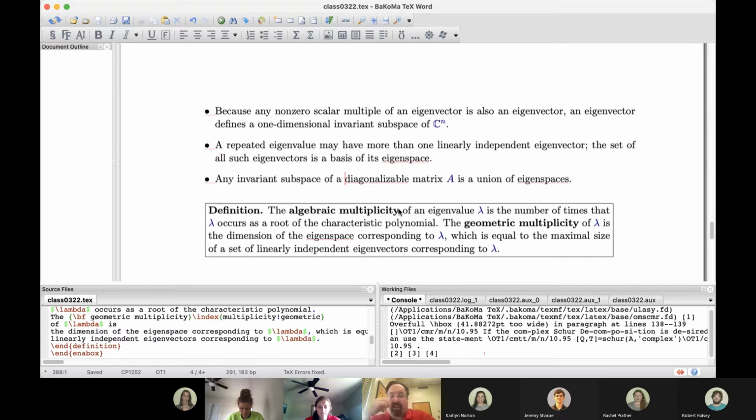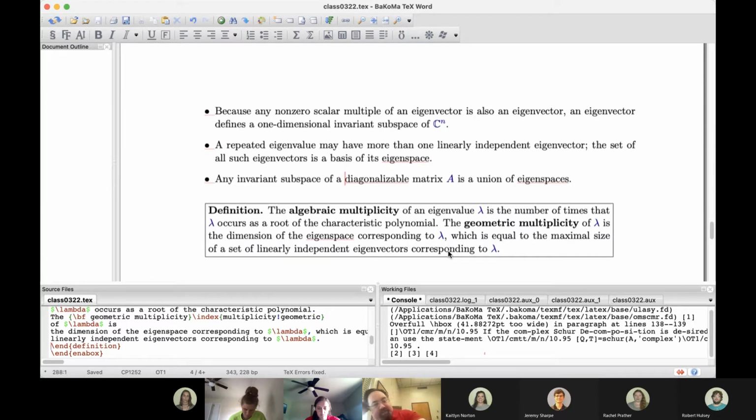In other words, if you have an eigenvalue lambda, then the factor in the characteristic polynomial's factorization, x minus lambda to some power, that power is the algebraic multiplicity. That contrasts with the geometric multiplicity of the eigenvalue, which is how many linearly independent eigenvectors this eigenvalue can possibly have.